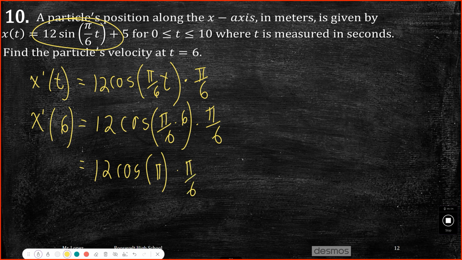What's cosine of pi? Negative 1. So it'll be negative 12 times pi over 6. And it's going to equal what? Negative 2 pi.